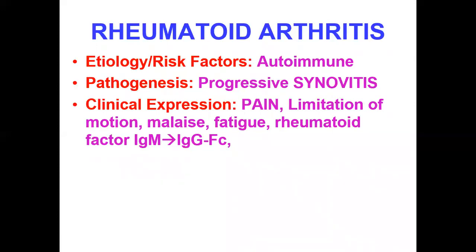Then clinical features: pain in the affected joints, limitation of movements, and general symptoms like fatigue and malaise. Serum shows rheumatoid factors and anti-CCP antibodies.